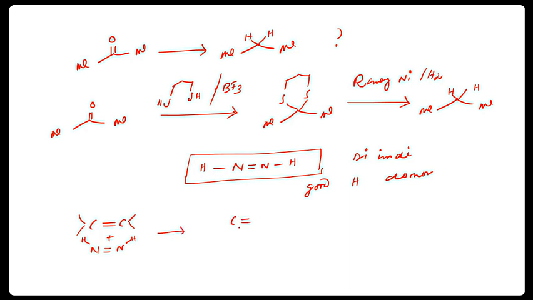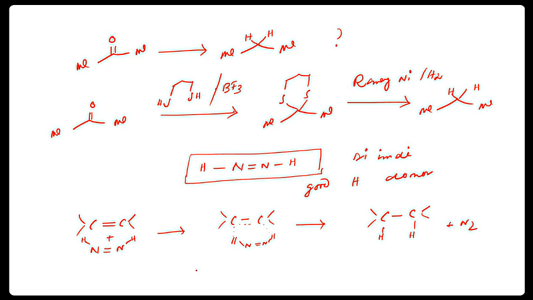C double bond C. Here we have hydrogen and nitrogen. Then what is happening? The alkene is going to convert into the corresponding alkane plus nitrogen.